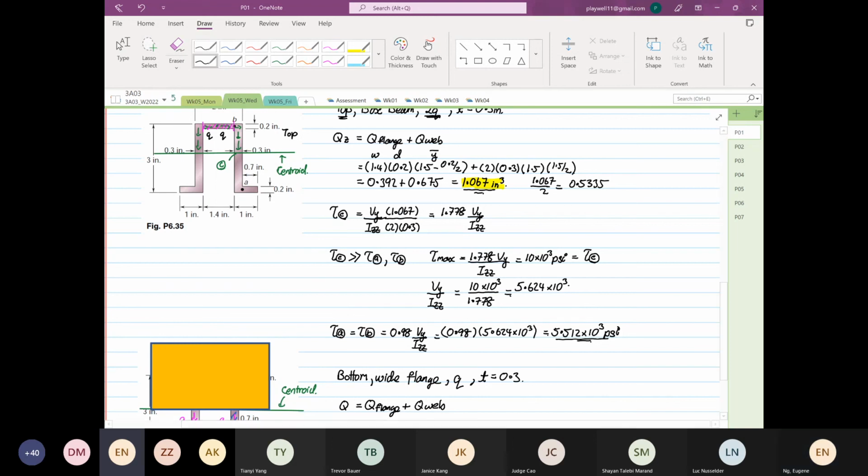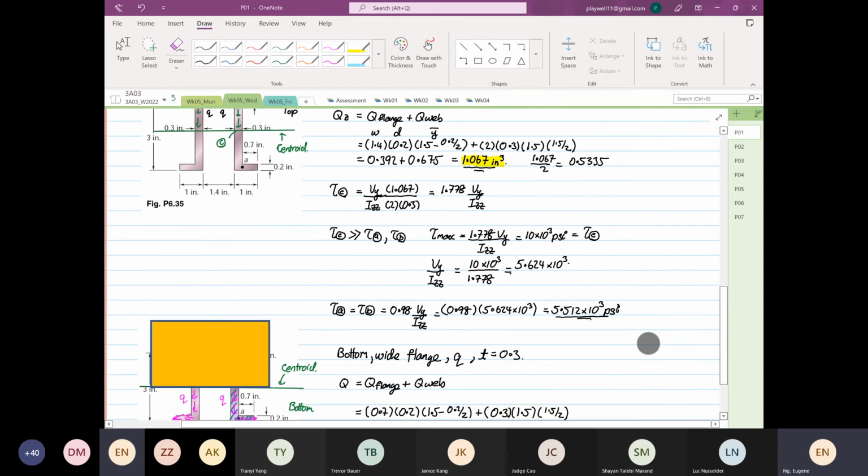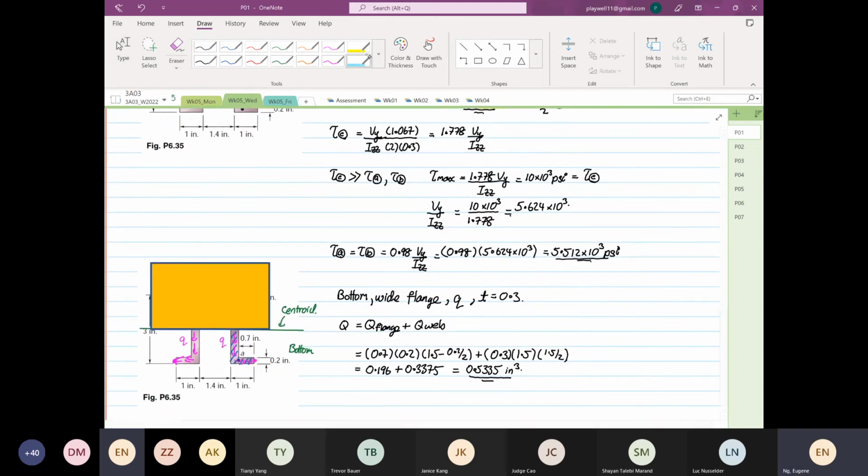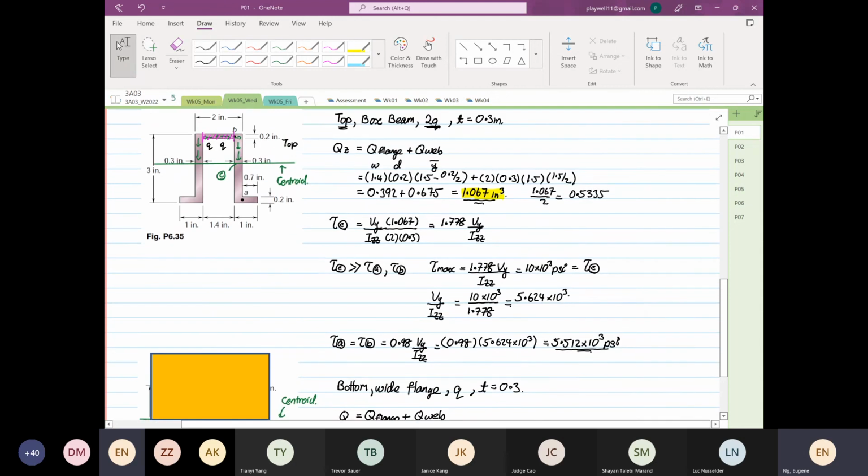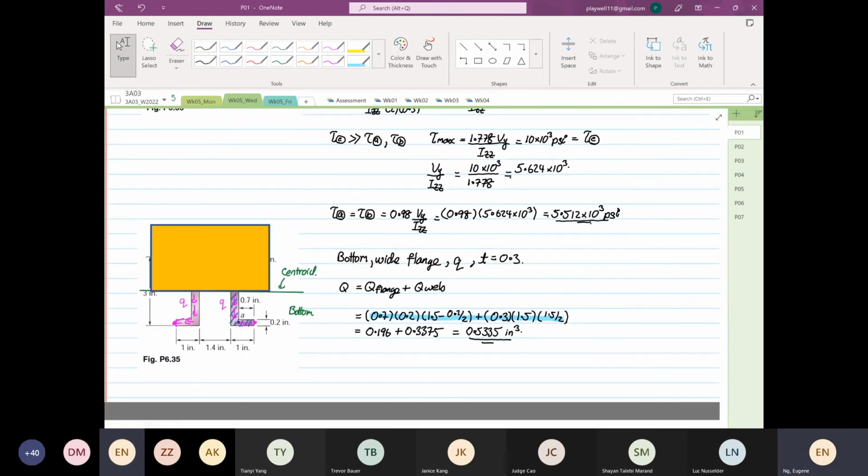Regardless of whether you take the analysis from the top or from the bottom, at the centroid the value has to be the same, mathematically.